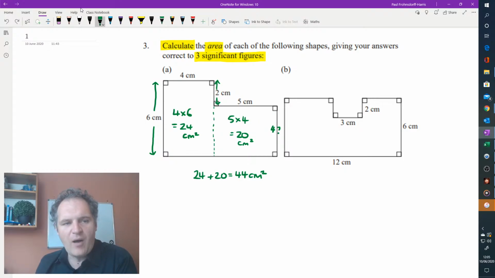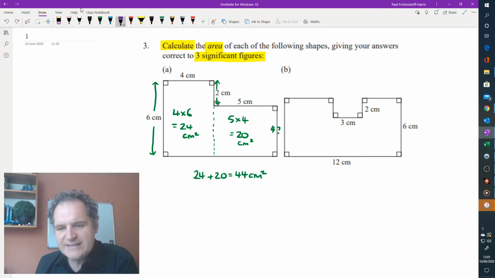The next one, I can see 2 approaches. And I'm going to do my second approach, even though I do concede I could have done, just like in the first one, I could do that and work out 3 different areas. I'm going to choose not to, and I'm going to change the colour because I want to demonstrate I'm doing something different.